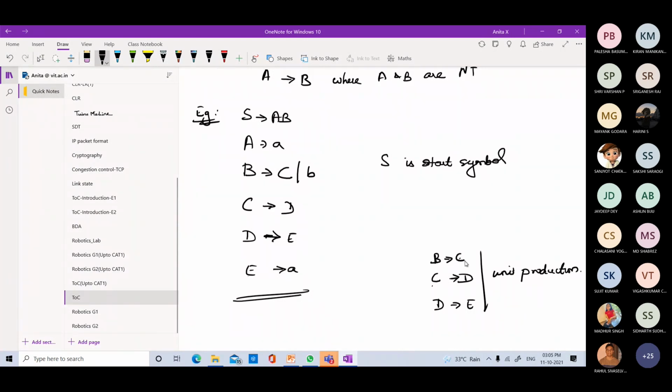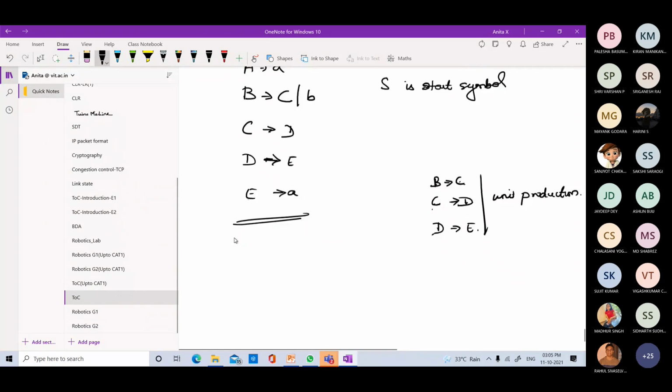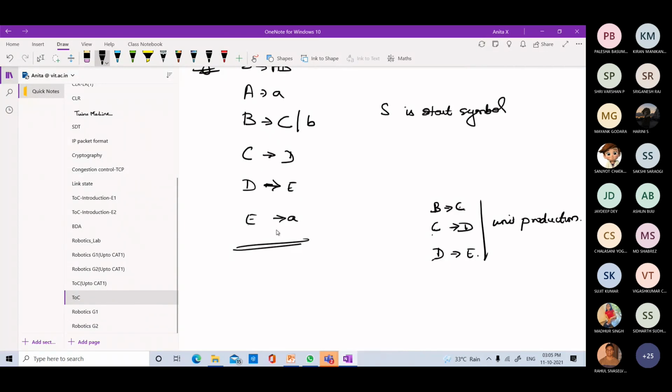So B derives C, C derives D, D derives E, and E derives A. What should I do now? Please make a note. First, I have to eliminate this one. Only if I eliminate this can I proceed with eliminating the others.